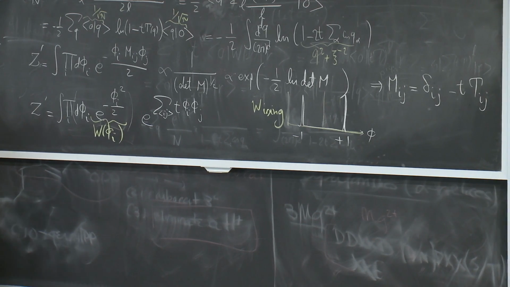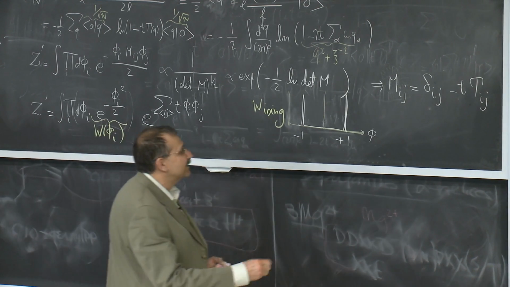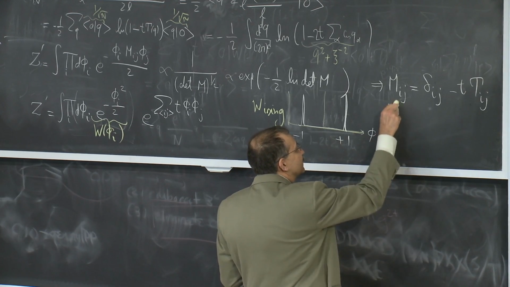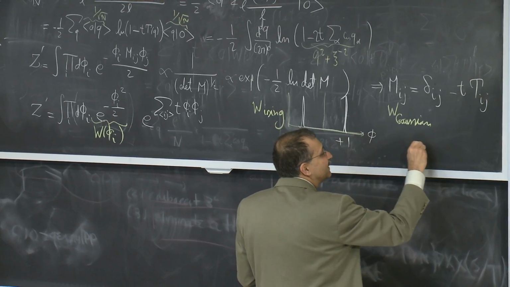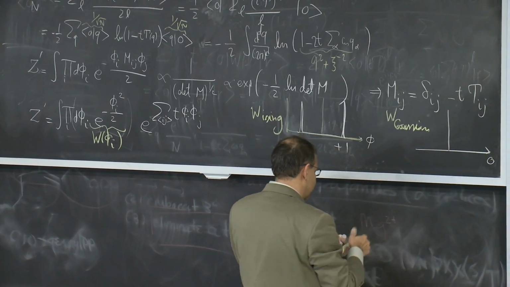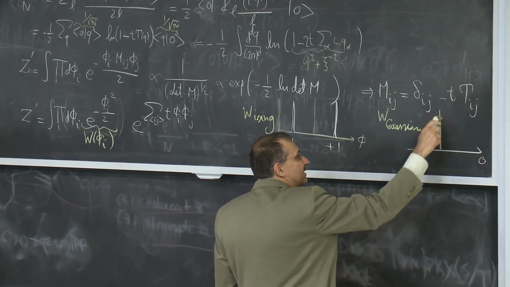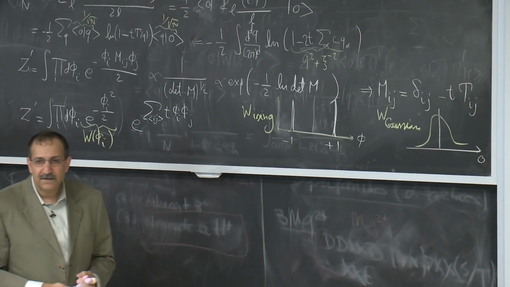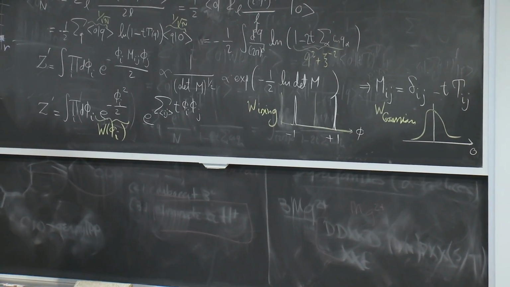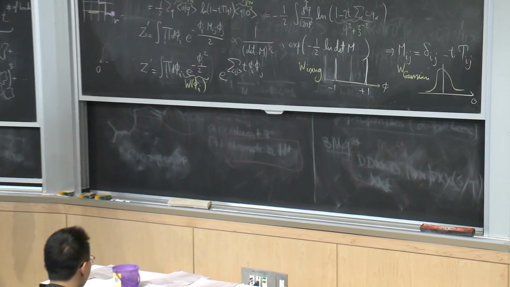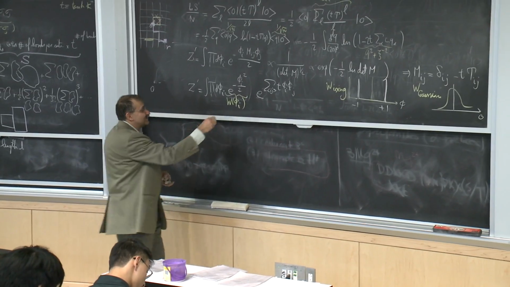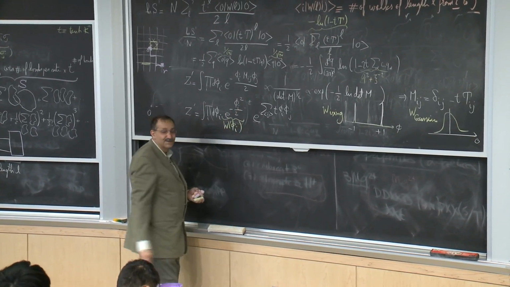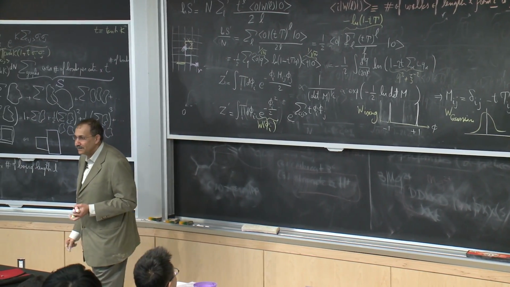Rather than doing that, I have calculated a W that corresponds to Gaussian, where the weight for each phi is basically a Gaussian weight. And if I really wanted to do the Landau-Ginzburg, all I would need to do is to add here a phi to the 4th. Okay?